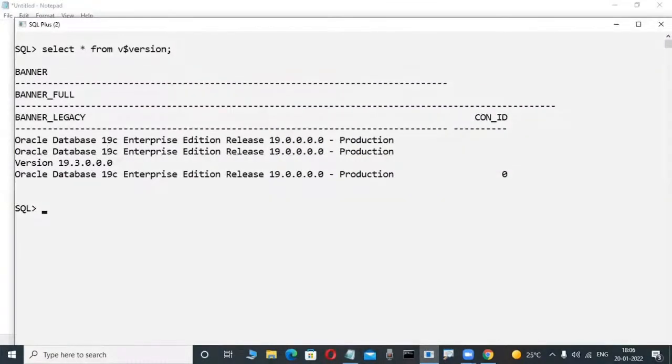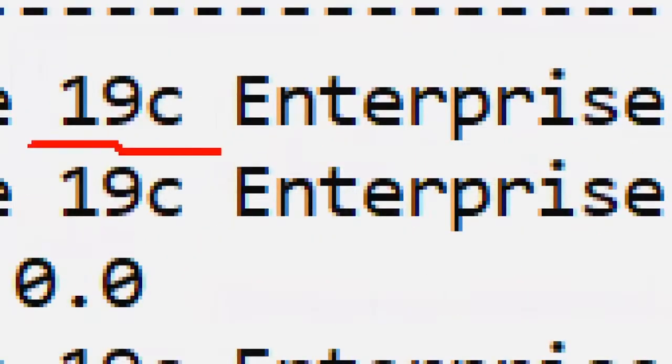And now 7.0, 7.1, 7.2, 7.3, 8.0, 8.1.5, 8.1.6, 8.1.7. That is also called 8i, 9i, 10G, 11G, 12C, 18C, 19C, and the latest one, 21C. But in our class, the software available is 19C, and we are learning only that.